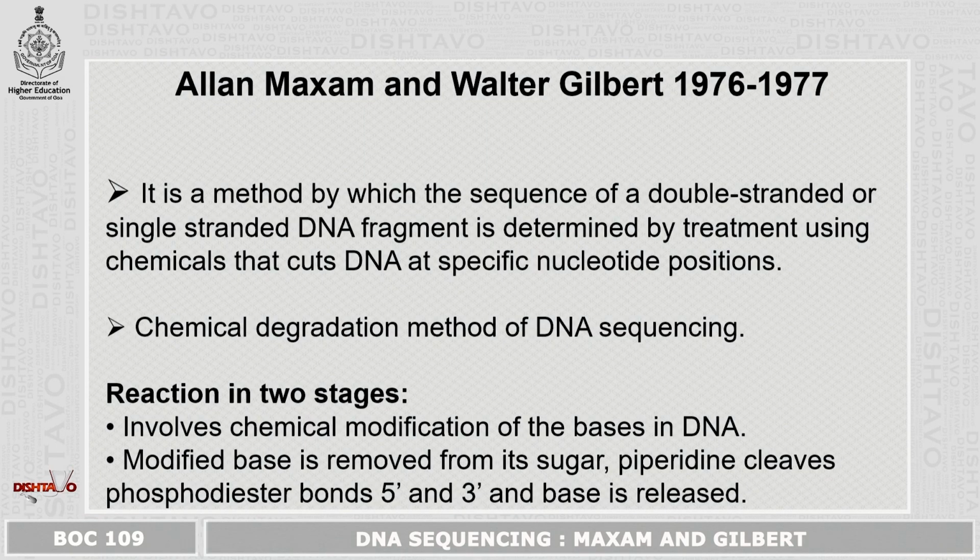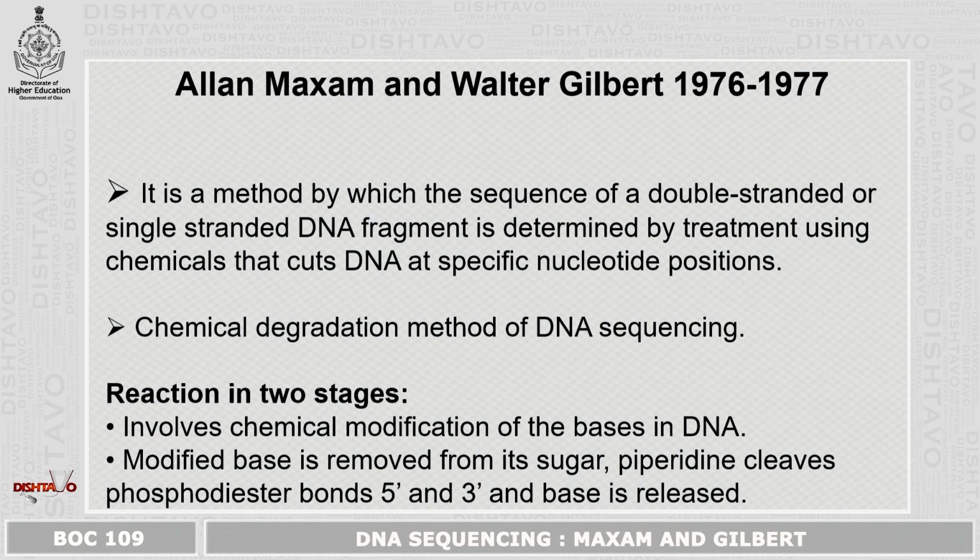So students, to begin with, today you are going to do Maxam and Gilbert's method of DNA sequencing. This method was put forth at the same time when Sanger also proposed his sequencing method, in the years 1976 and 77. Alan Maxam and Walter Gilbert were the two scientists who proposed this method.